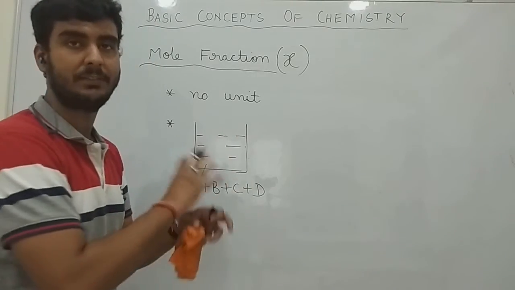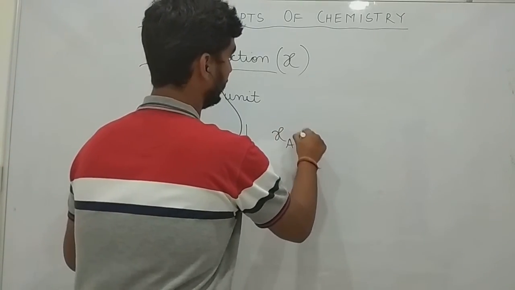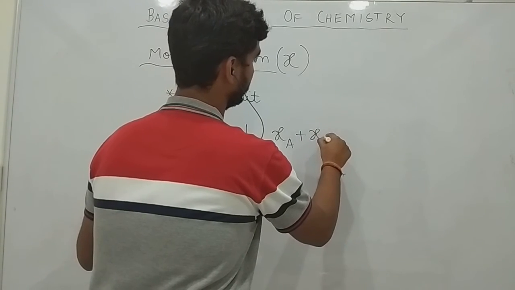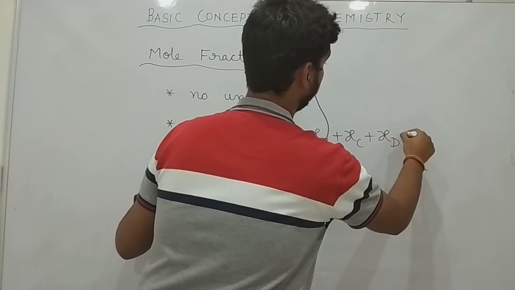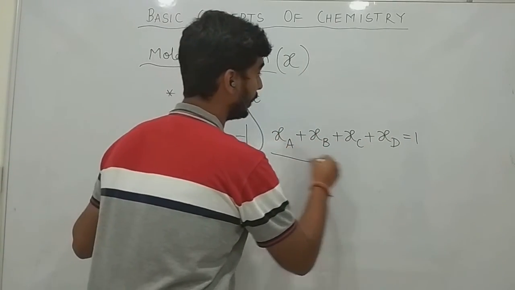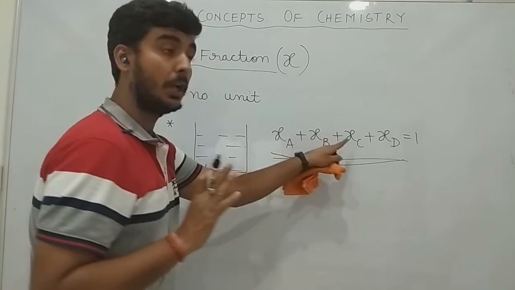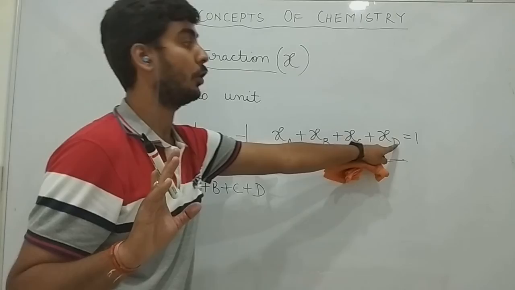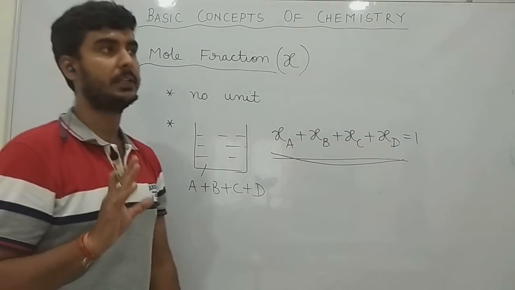Definitely they will have some mole fraction. If you add the mole fraction of A plus B plus C plus D, it will be equal to 1, remember. But you have to add all the components. You cannot miss out any component. If you miss one of them, then it will not be equal to 1.